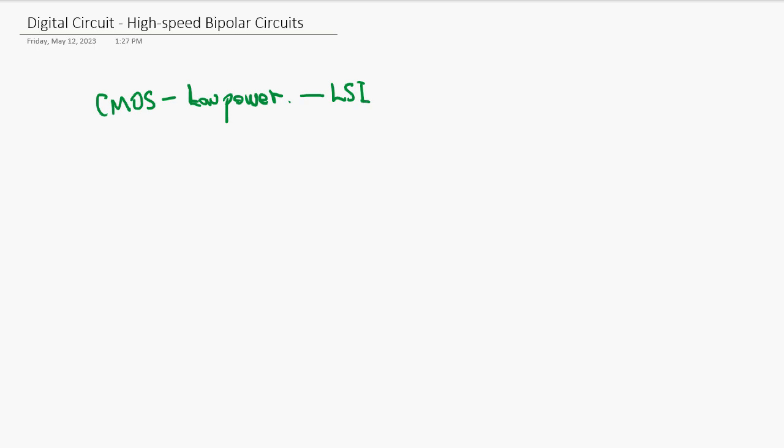LSI chip is like a CPU, floating point processor, AI processor, or data processor. Data processor is like the web server CPU. So these are competing at the smaller size transistor.